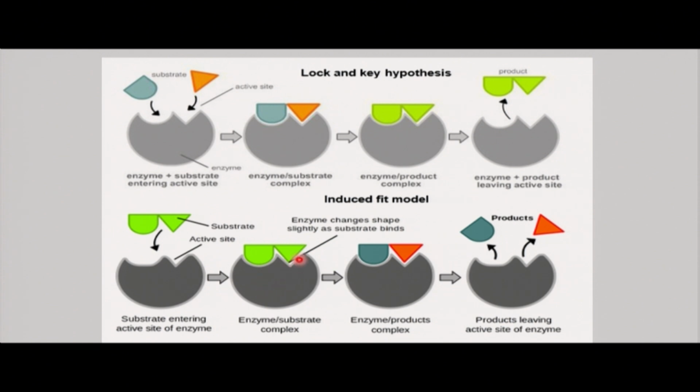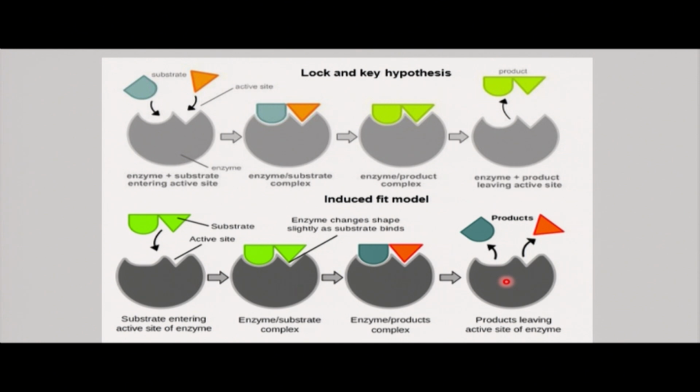Then when the substrate binds there, it is catalyzed by the enzyme so that we get the enzyme products complex. Like you see, these are the products, and this is the enzyme. From there, the products are going to leave the active site of the enzyme, and then the enzyme will be ready to catalyze another substrate.